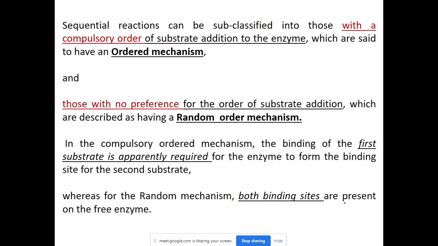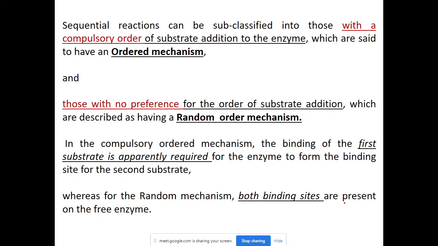On the other hand, when there is no preference for the order of substrate addition, which means when substrate is being added to the enzyme, there is no particular preference like the first substrate should come now and the second substrate should come now, that mechanism is known as the random mechanism. So ordered mechanism versus the random mechanism, both fall under sequential mechanism.